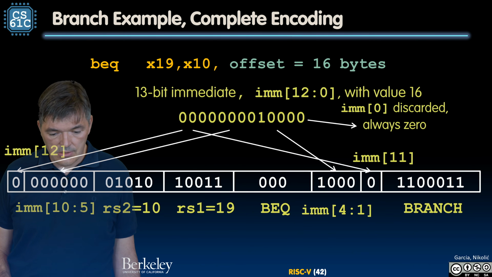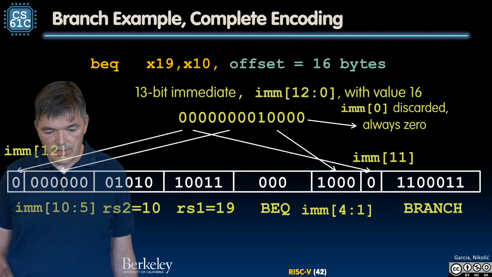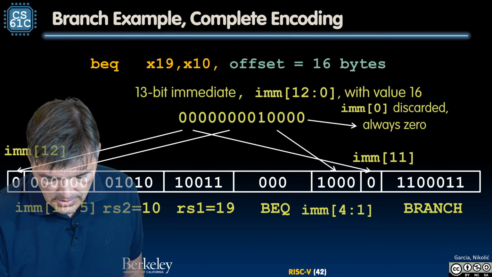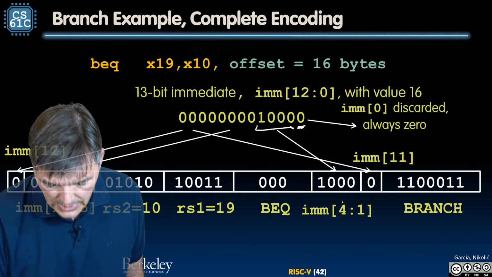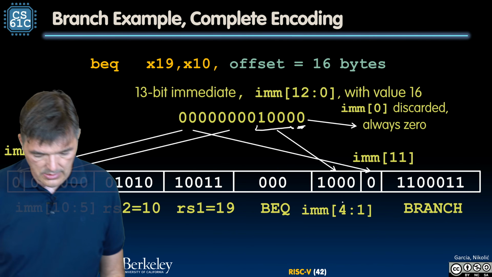And that's it. So then we can find out exactly what our value is. Well, this bit is discarded. We need to take these 4 and place them down there, and that is our immediate.